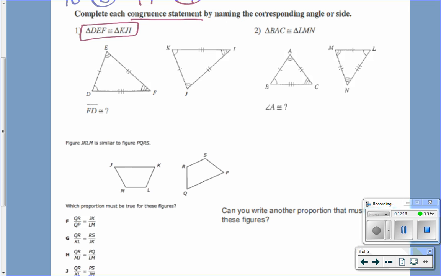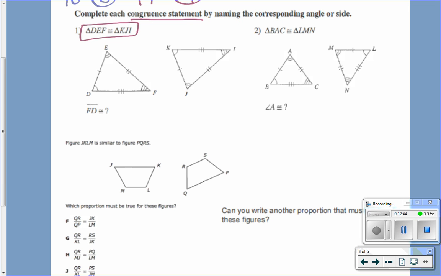Or if it says triangle ABC is similar to triangle DEF, that's a congruent statement too in words, okay? Or you may see it like this in number 1 and number 2. So without even looking at the picture, is what I tell students, you don't even need the picture. Are we good?